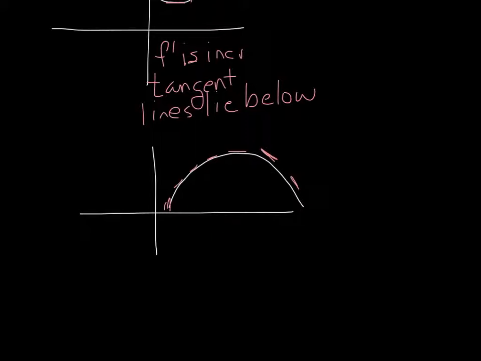So here we would say that f prime is decreasing. Because it's going from very, very steep, which means very high, to smaller numbers, to 0, and then it begins to go to a negative slope. And the tangent line lies above the graph.